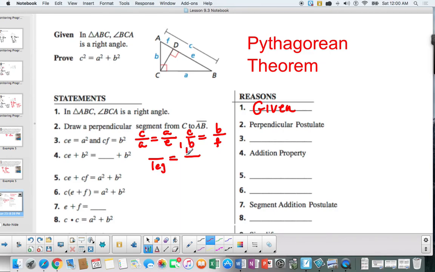So this is the leg, this is the leg, this is the hypotenuse, part of the hypotenuse adjacent to the leg. And that's what I'm using here, right here and right here.